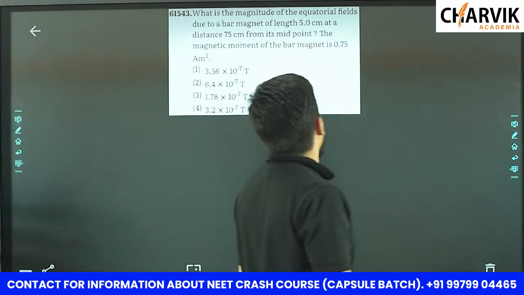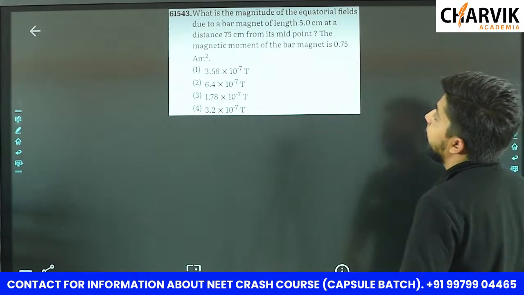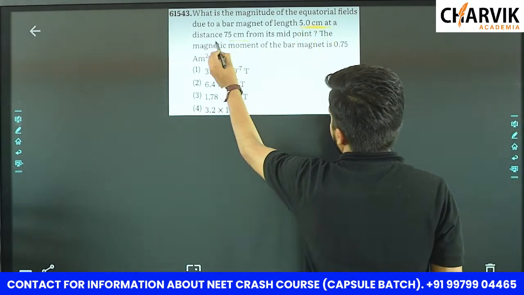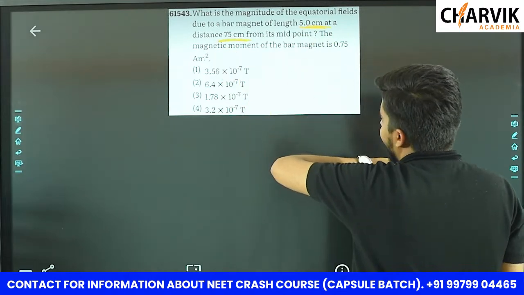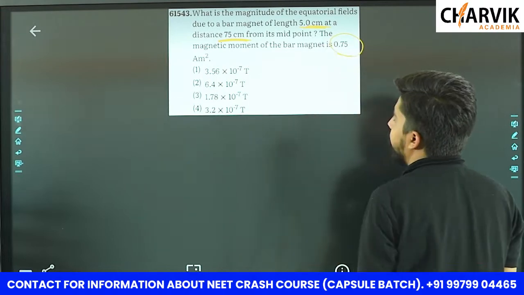What is the magnitude of the equatorial field due to a bar magnet of length 5 centimeter at a distance of 75 from its midpoint, where the dipole moment is 0.75?